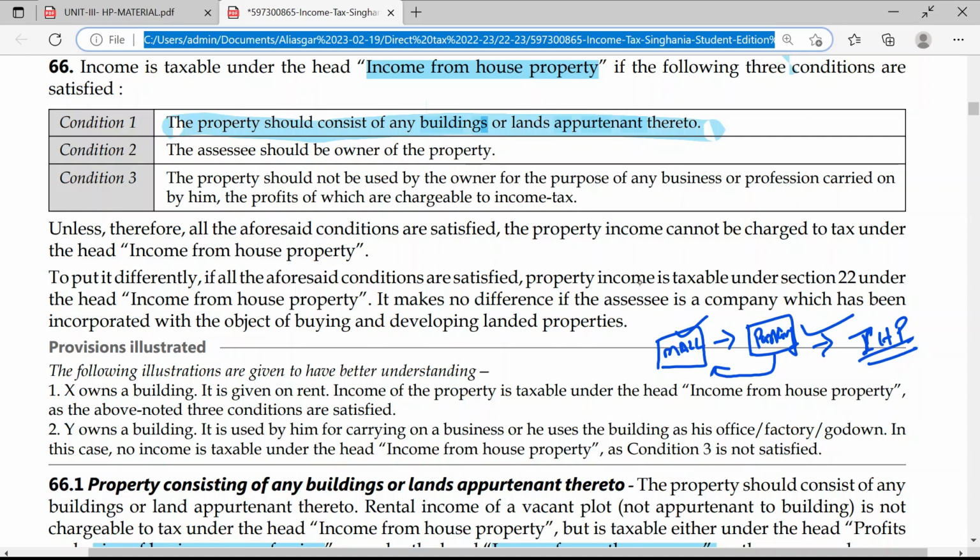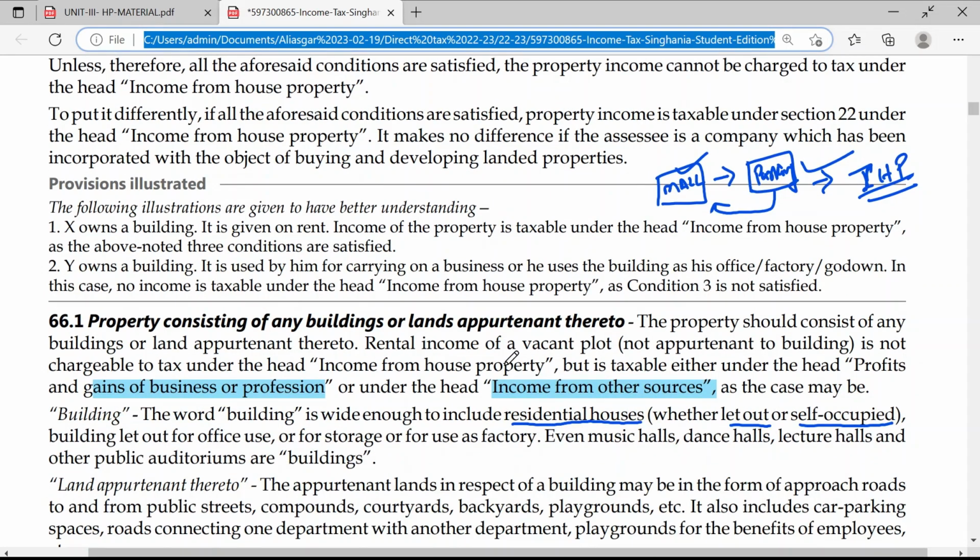This is the third and important condition. Means if it is used for business or profession which is carried on by him and the profits of which are chargeable to income tax under the head business income, then obviously in that case it is not considered as income from house property. Now let us discuss different cases.